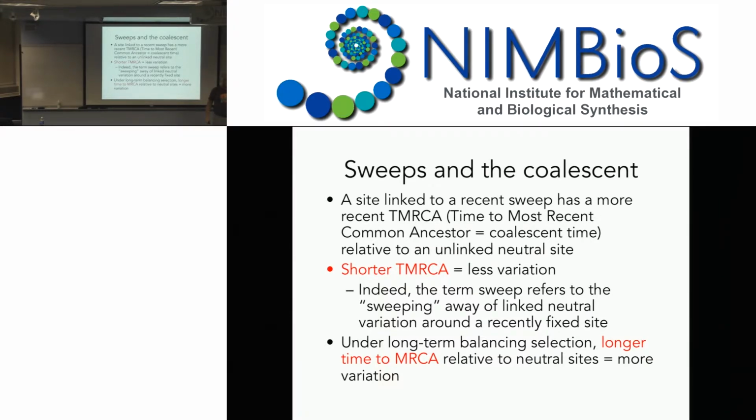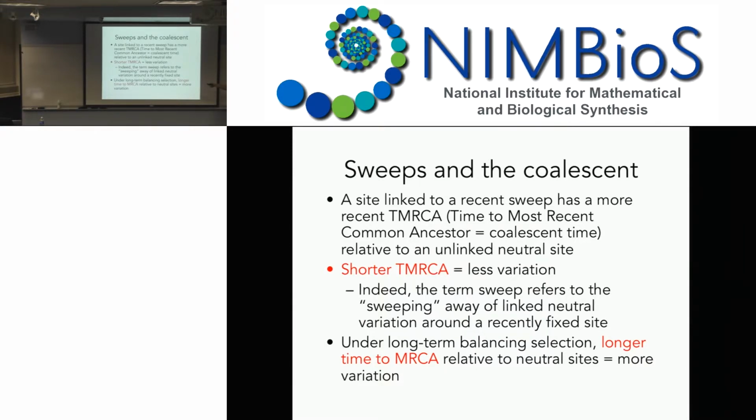If that sample is generated by selection, that time may be much shorter because if I have a site linked to a favorable site, that favorable site sweeps through the population very quickly, pulls sequences along with it, and the time back to the common ancestor is much shorter than I expect relative to drift. Shorter time means less variation, longer blocks of LD, as we'll talk about.